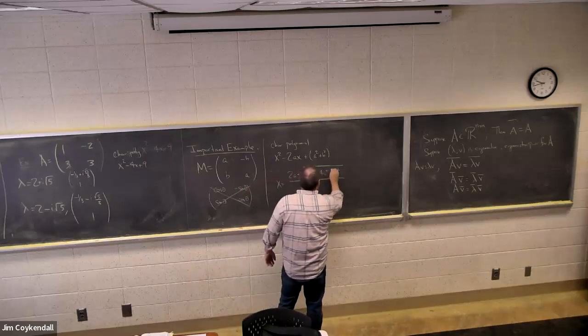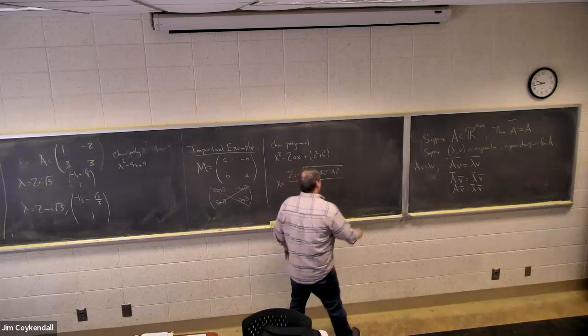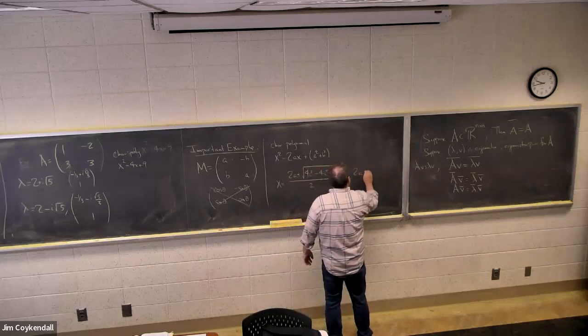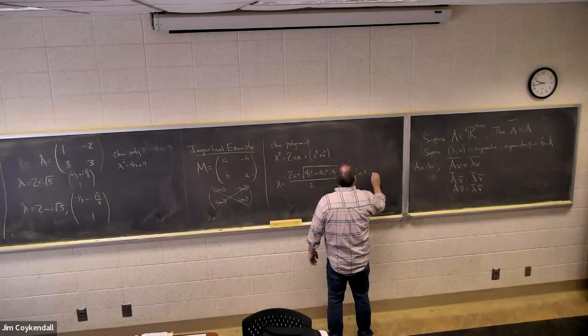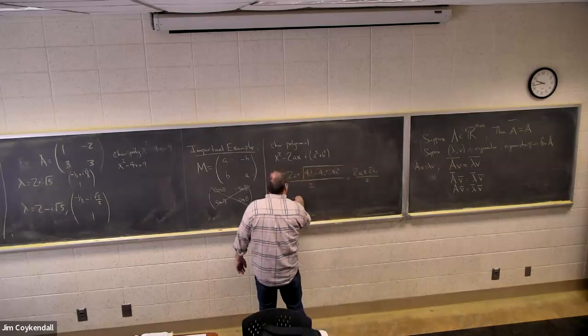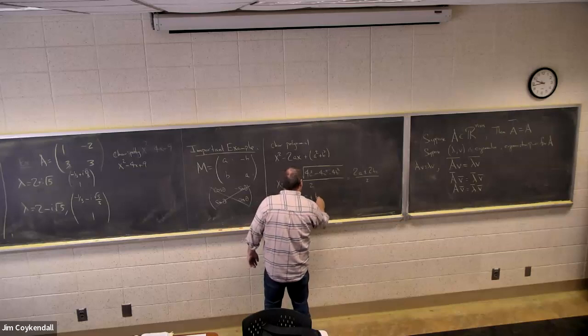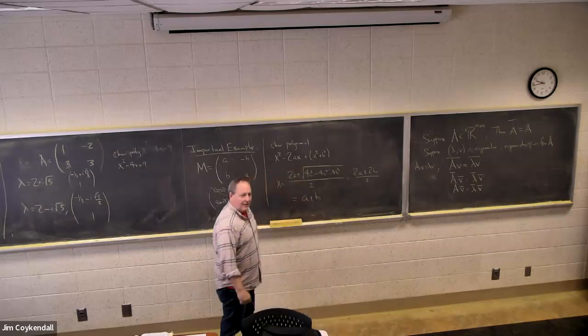Because this is a bloodbath here, leaving me with b squared times negative 4. So this is 2a plus or minus 2bi over 2. So I get a plus or minus bi. How about that?